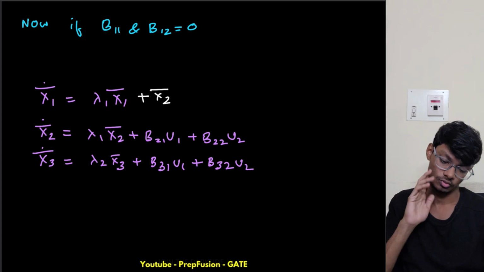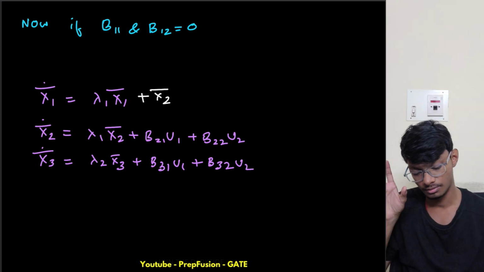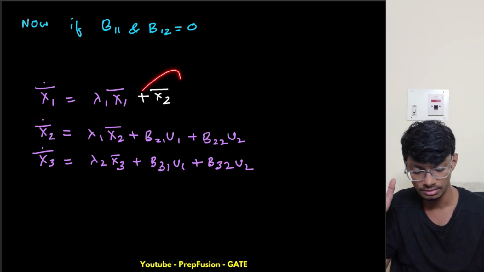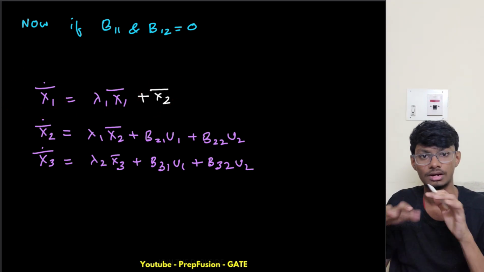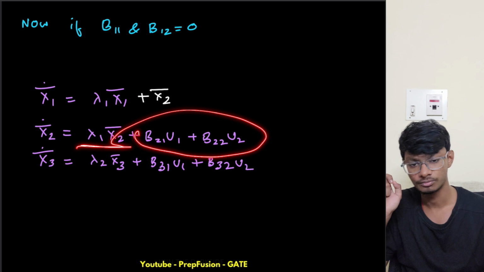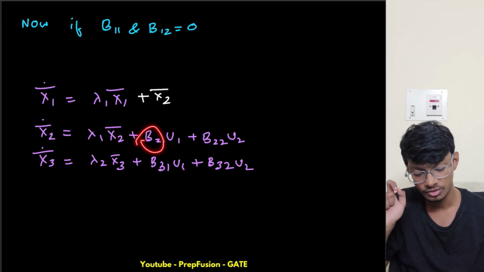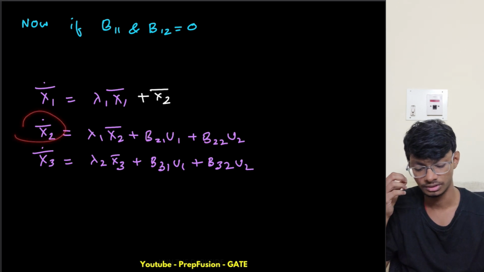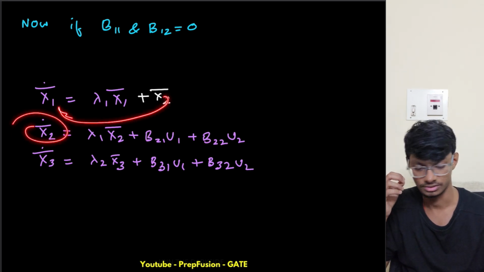So basically my change in state is a function of the state variable itself and the second state variable. The change in the second state variable is a function of this and also inputs, depending on whether b21 and b22 are not 0. If they are non-zero, then this will be a function of input, and by controlling this one I can control this one.